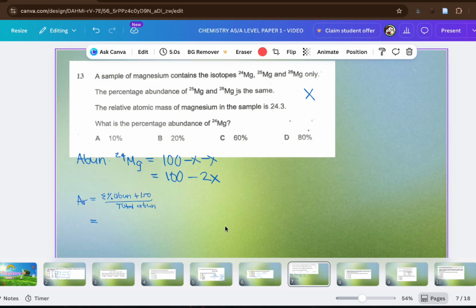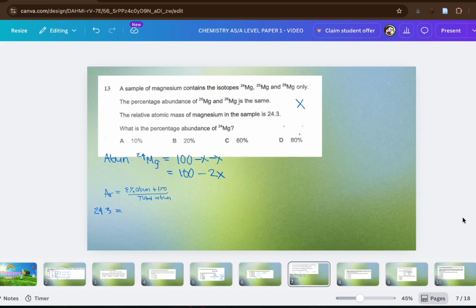Excuse me for my bad handwriting. Okay, let's see. The atomic mass is 24.3.